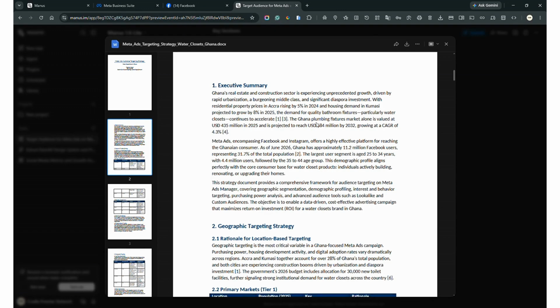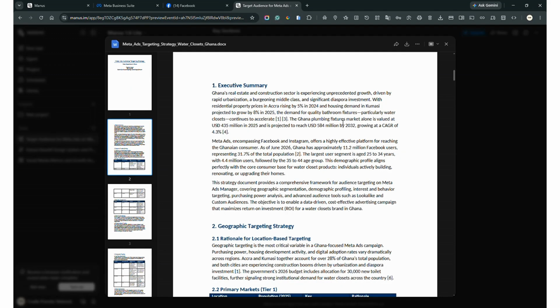So you could tell that real estate development is really growing in Ghana. And so why is this even giving us real estate information? Because at the end of the day, if any person wants to buy a water closet, definitely real estate companies will be key here, aside from individual homes, right? So that's why we are getting this information here.